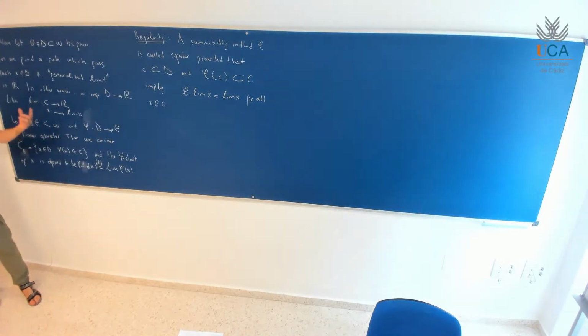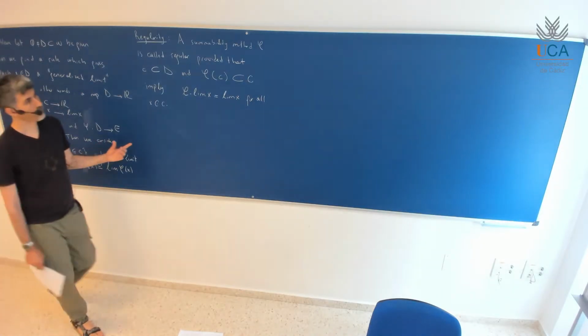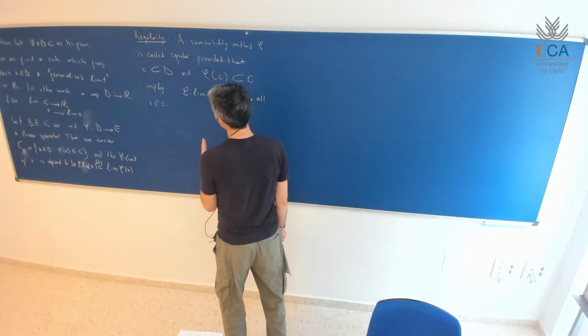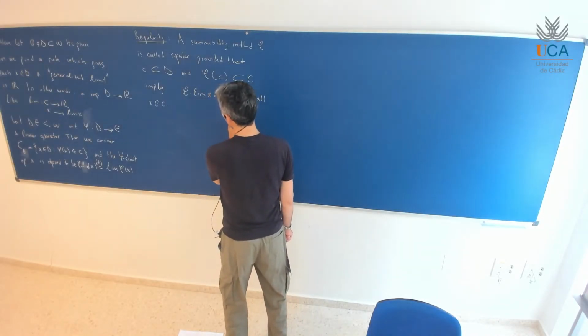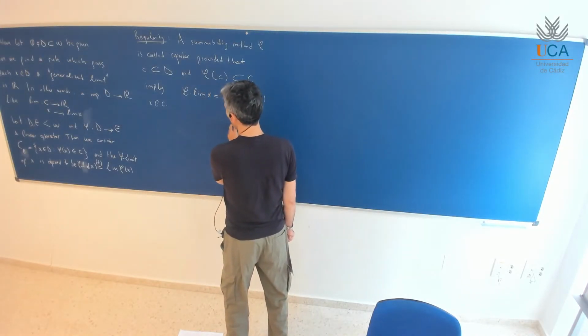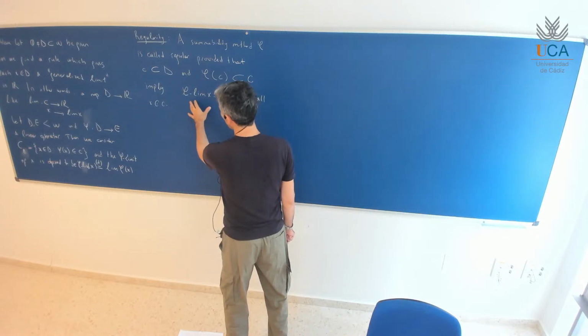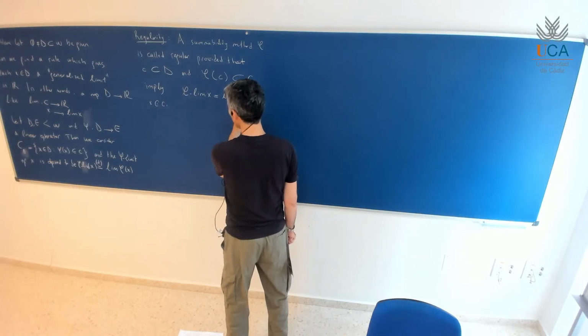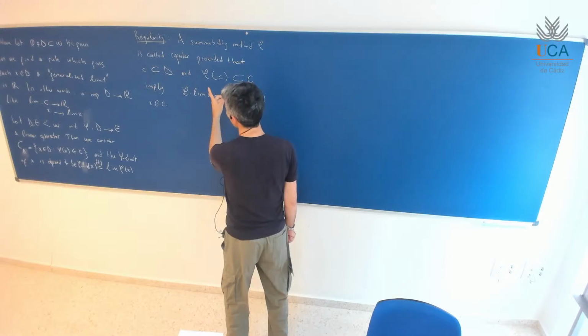So regularity says that if each convergent sequence has a phi limit as its own ordinary limit, then we call this method regular.